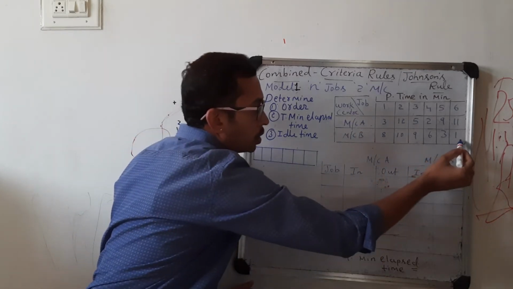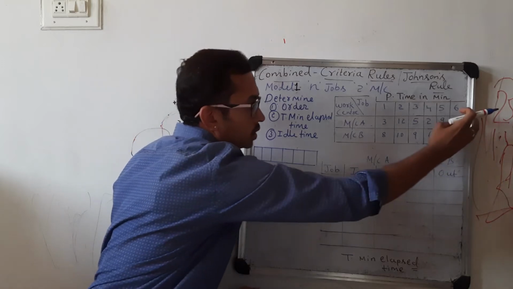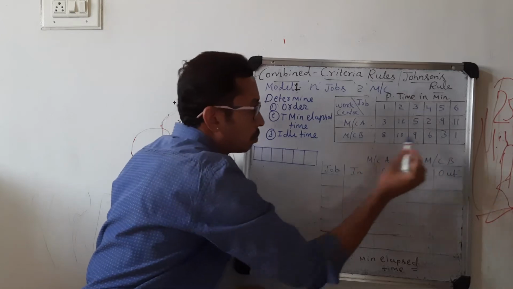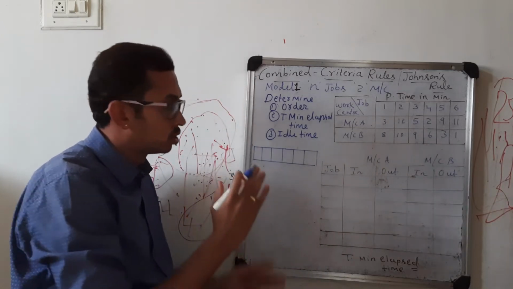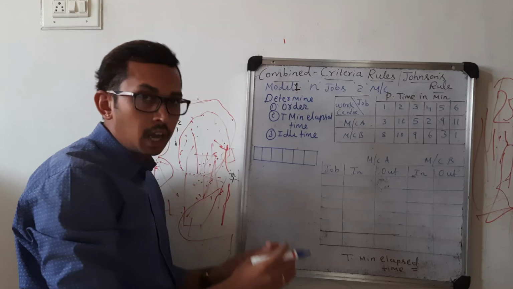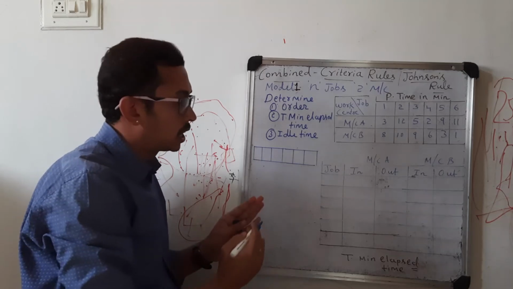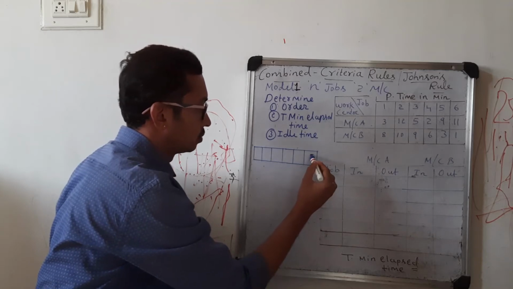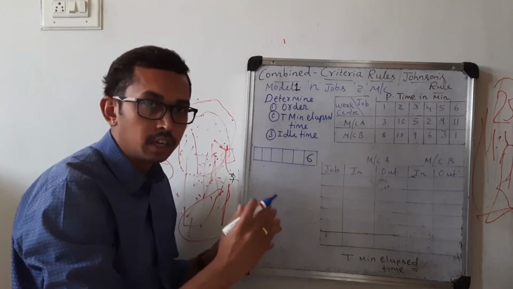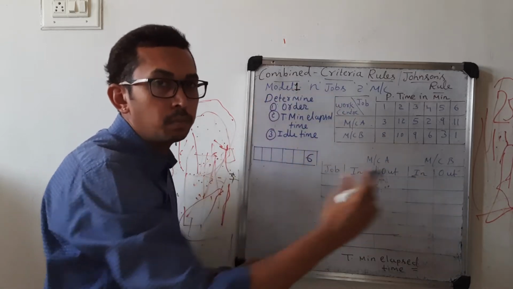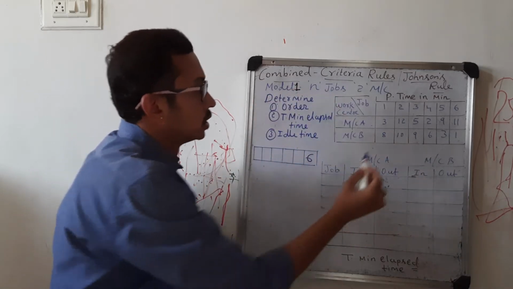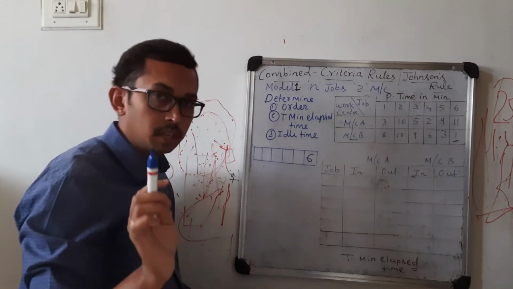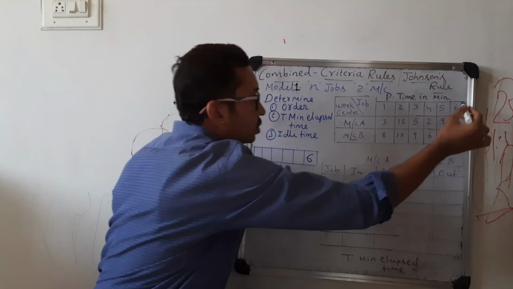We have the minimum processing time for job 6 in machine B. Therefore job 6 has to be placed as late as possible, so I am going to place it over here. Why? Because the minimum processing time is for machine B. So job 6 is over.